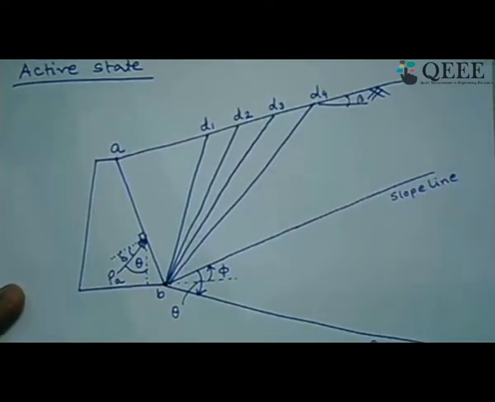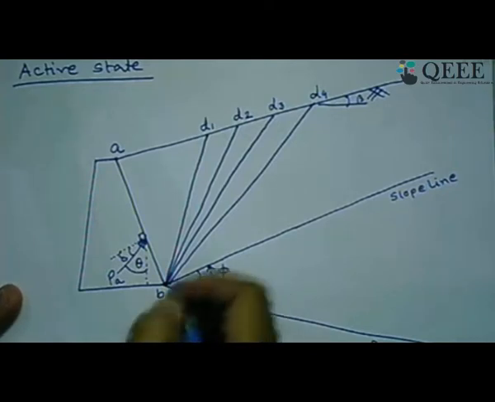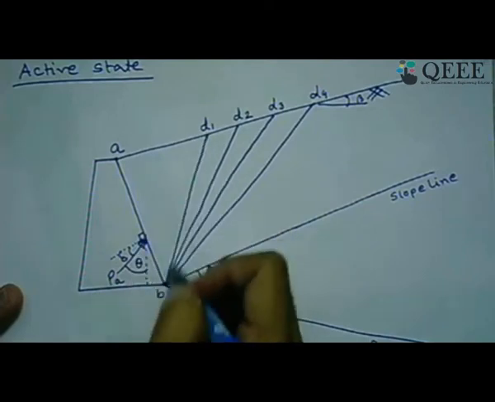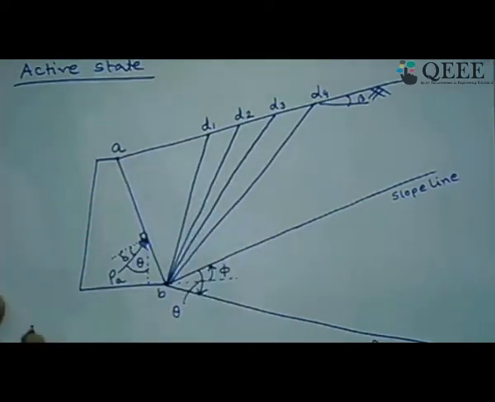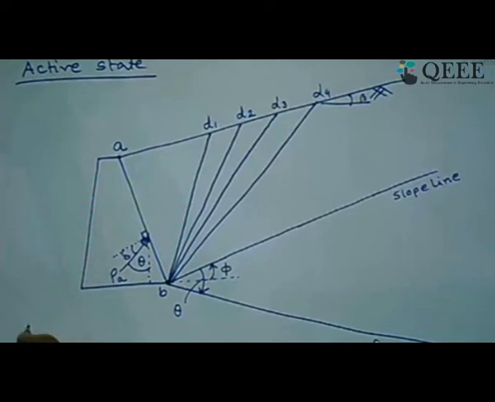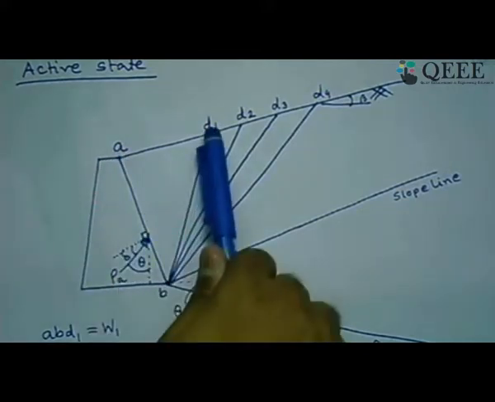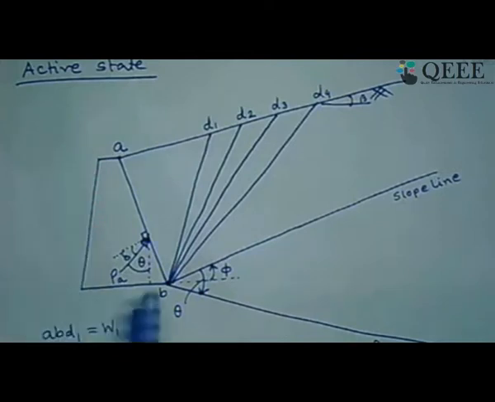Now how do we do that? Our next point is we find out the weight of zone ABD1. Let us say that weight is W1. We can calculate the value of W1 very easily, because first of all we need to draw this retaining wall to scale.